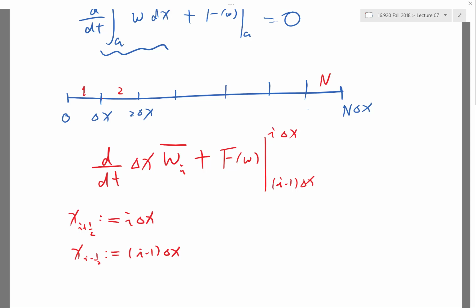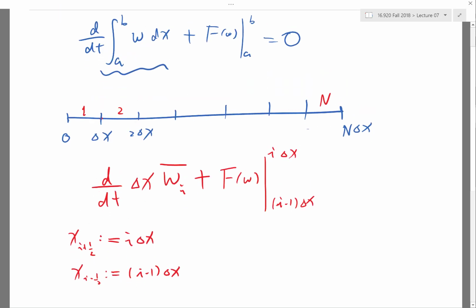While in finite difference, if I change the grid size, I have to do Taylor series analysis again to derive a different stencil, and maybe I lose accuracy. But in finite volume, if I change my grid size, nothing changes, because in the integral form you can just change a and b. The integral form doesn't change.